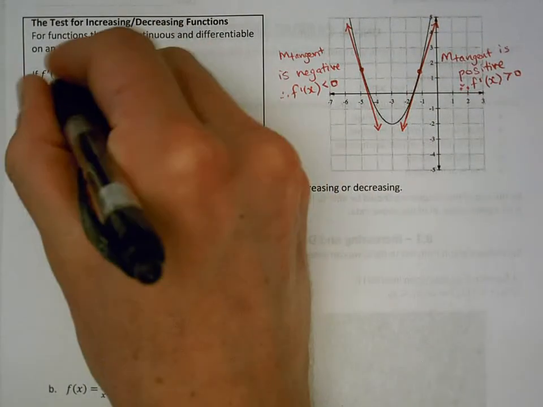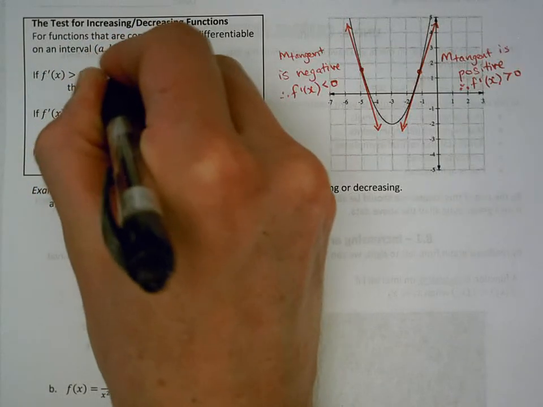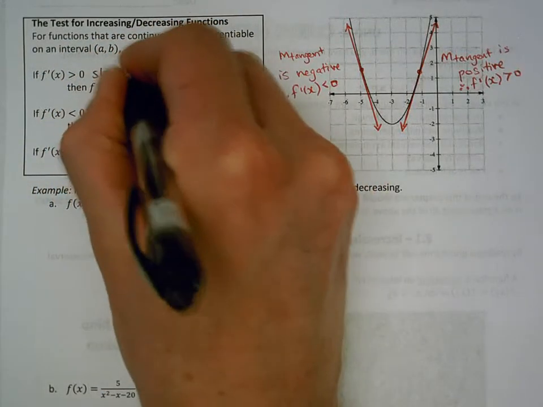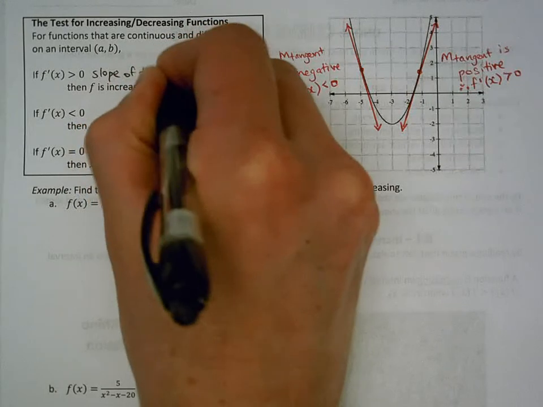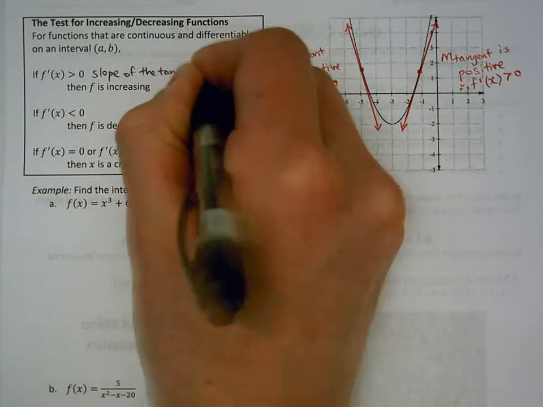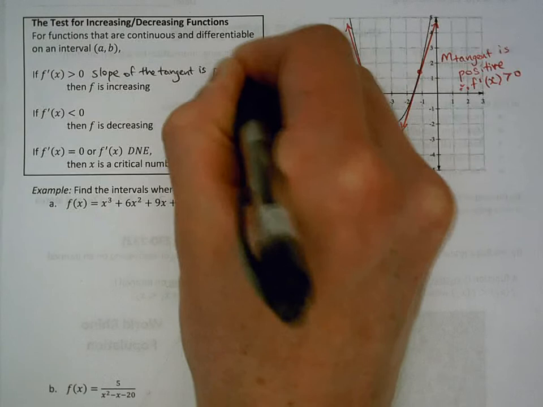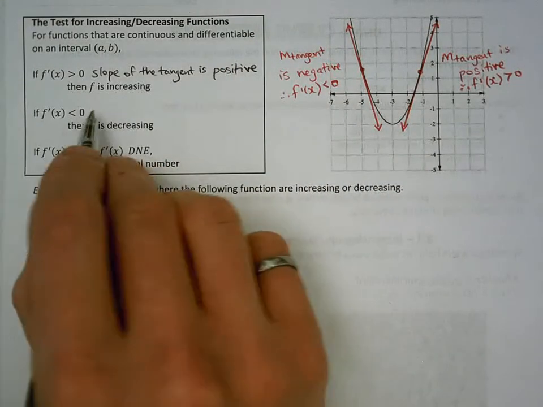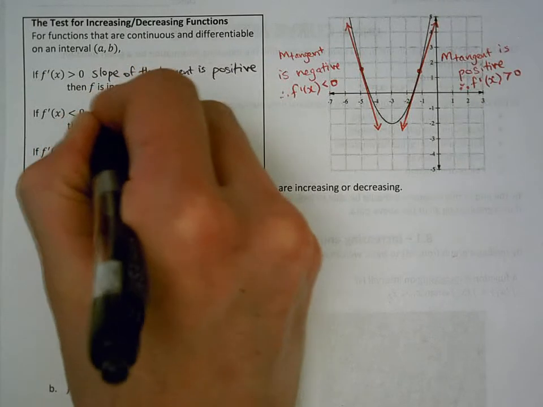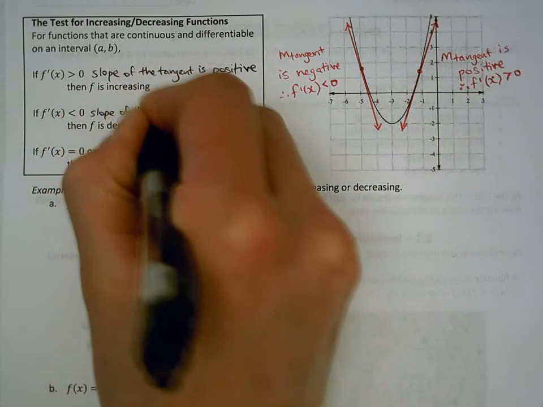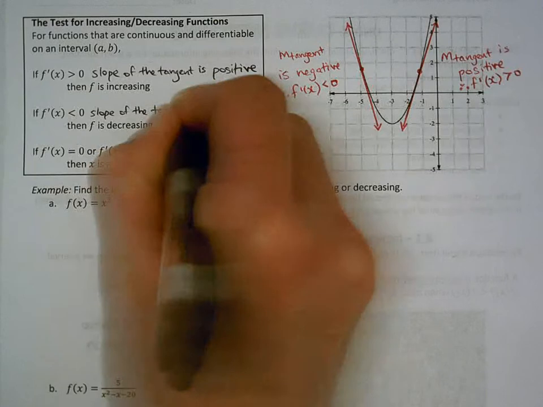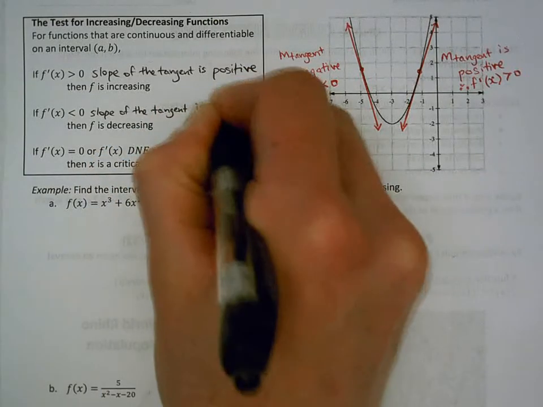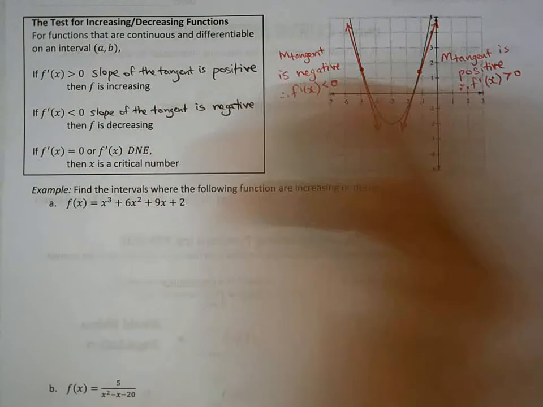So if the derivative is greater than 0, or the slope of the tangent is positive, then f is increasing. If the derivative is less than 0, that is, if the slope of the tangent is negative, then the function is decreasing.